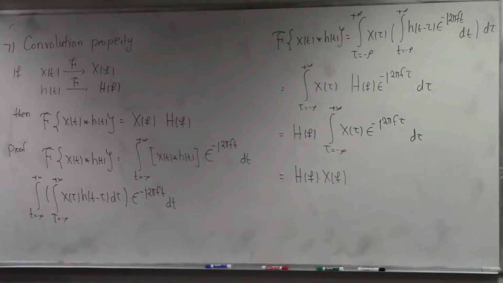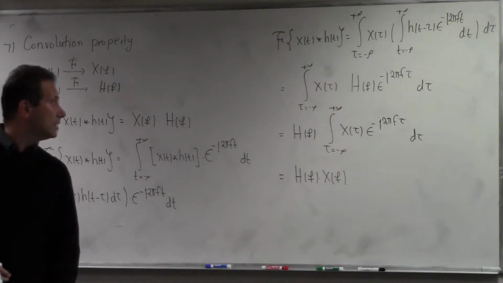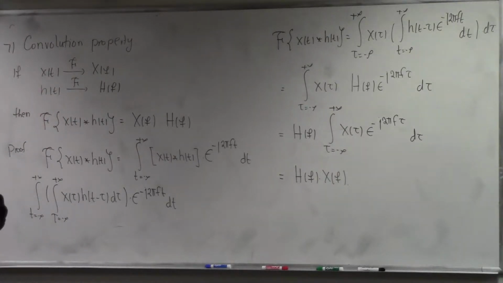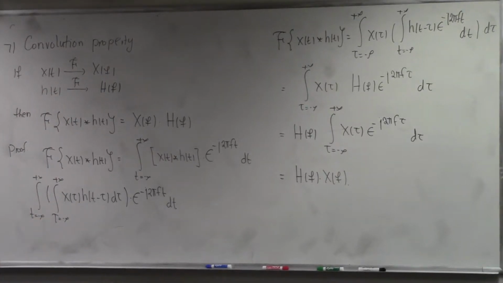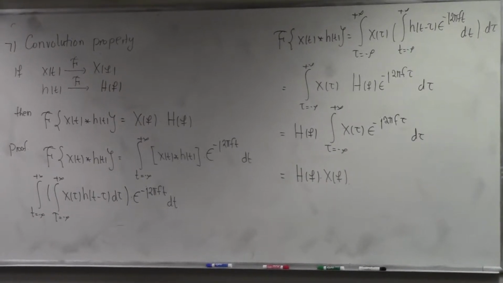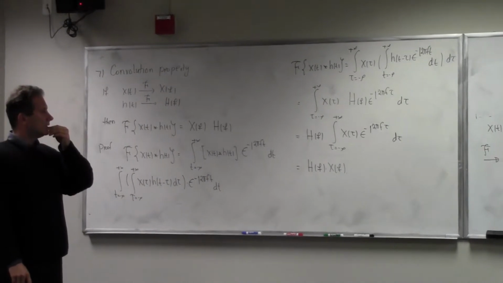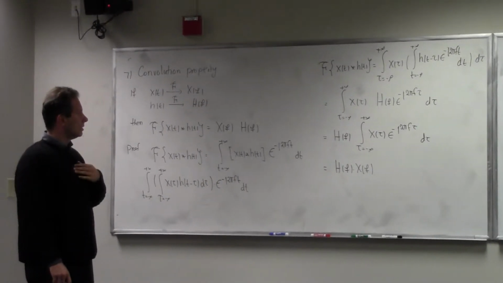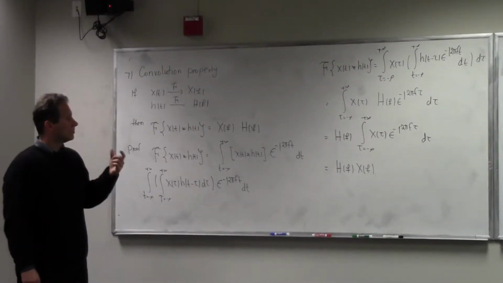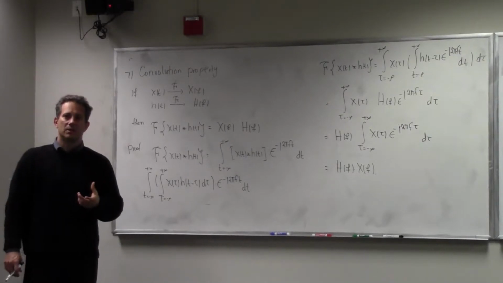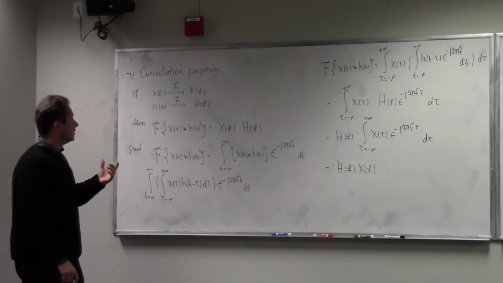I'm sure you've seen some of them, if not all of them. There are other properties, and I think your book gives other properties too, but I tried to cover the main ones. What is important here is to realize what are some of the physical meanings behind these properties.